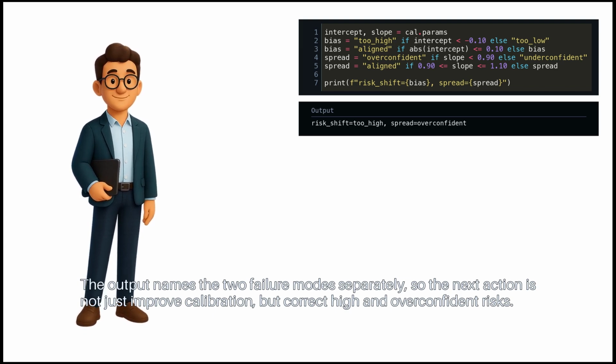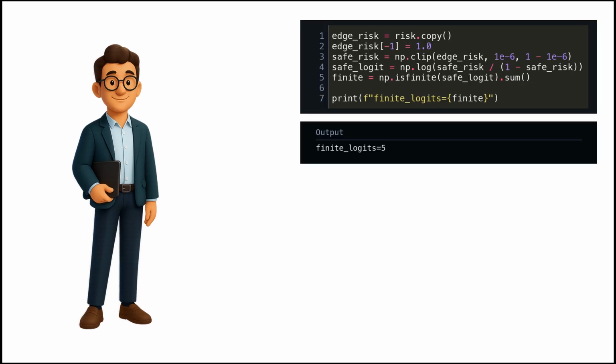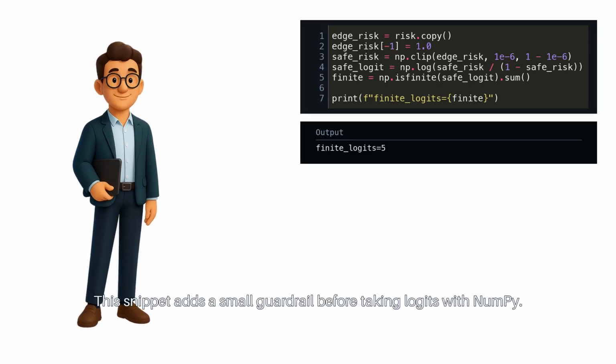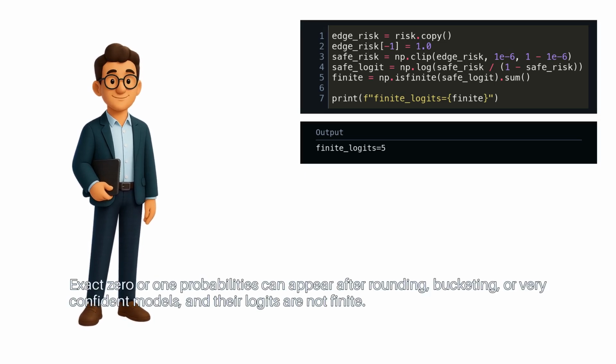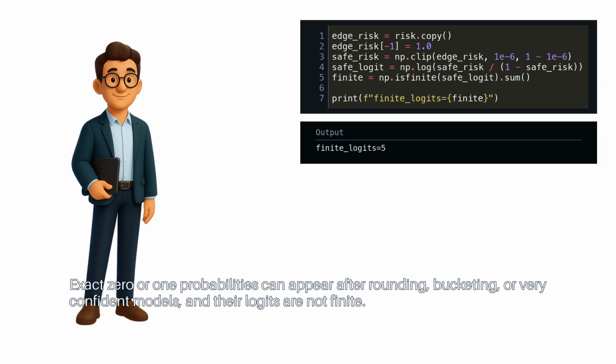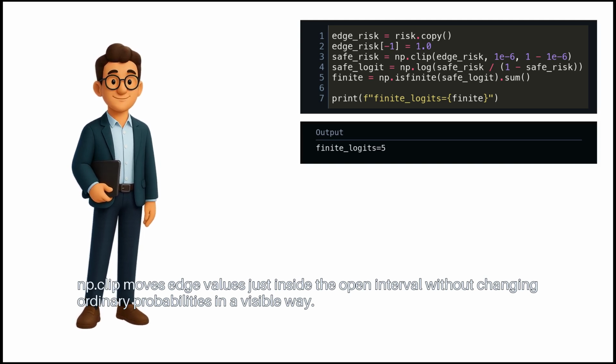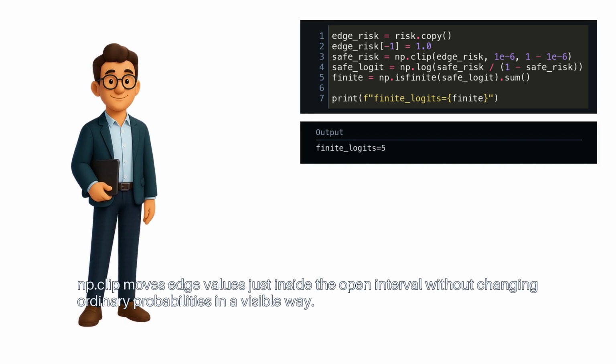Before we reuse this on real model scores, we need to protect the calculation from probabilities that sit exactly at the edges. This snippet adds a small guardrail before taking logits with NumPy. Exact 0 or 1 probabilities can appear after rounding, bucketing, or very confident models, and their logits are not finite. np.clip moves edge values just inside the open interval without changing ordinary probabilities in a visible way.